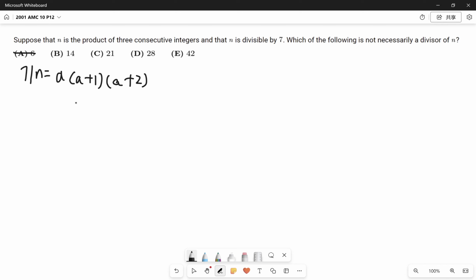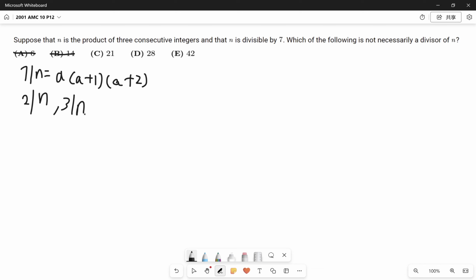Okay, so what about 14? Well, 14 is not the right answer. 14 is obviously a divisor of n at all times, because we know that n is divisible by 7 and n is divisible by 2. And we also know that n is divisible by 3.